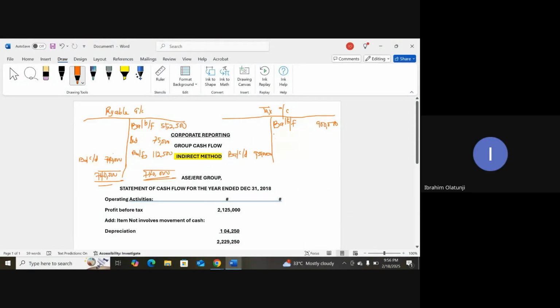Then you can come here and say P or L, that is profit or loss. It means the taxation that you have in that place. That's what I mean by P or L. 950.